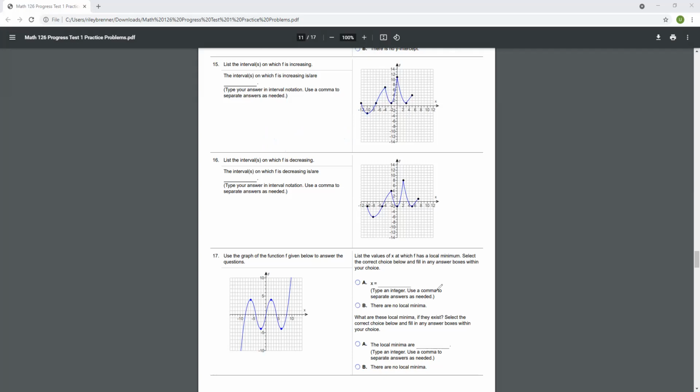Okay. Then here it wants you to identify local minimum and local maxima. This one actually is just talking about local minimum. So we have global minimums, and that would be the lowest point in all of the function and all of the graph. Something like a parabola that looks like this might have a global minimum, which would be this point.